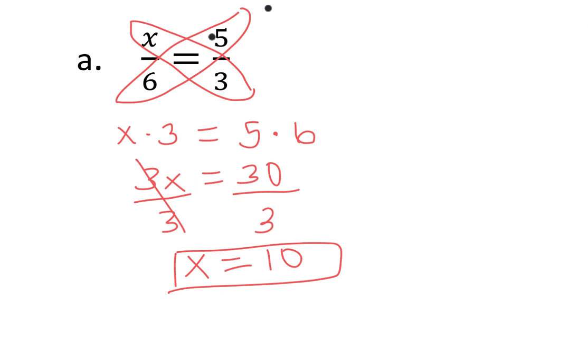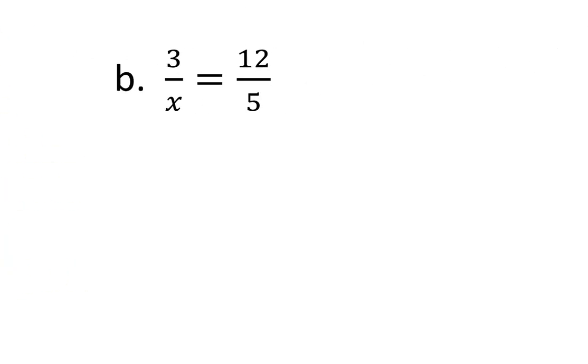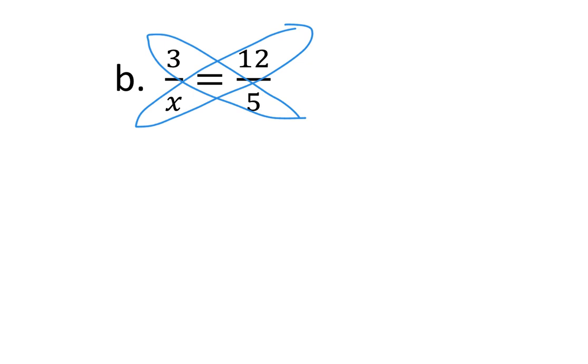All right, let's go to the next example. I'm going to do the same thing where I'm just circling my diagonals. Those are the things I'll be multiplying. So let's start with 3 and 5. 3 and 5 are multiplying, so it's 3 multiplied by 5 equals. x and 12 are multiplying.